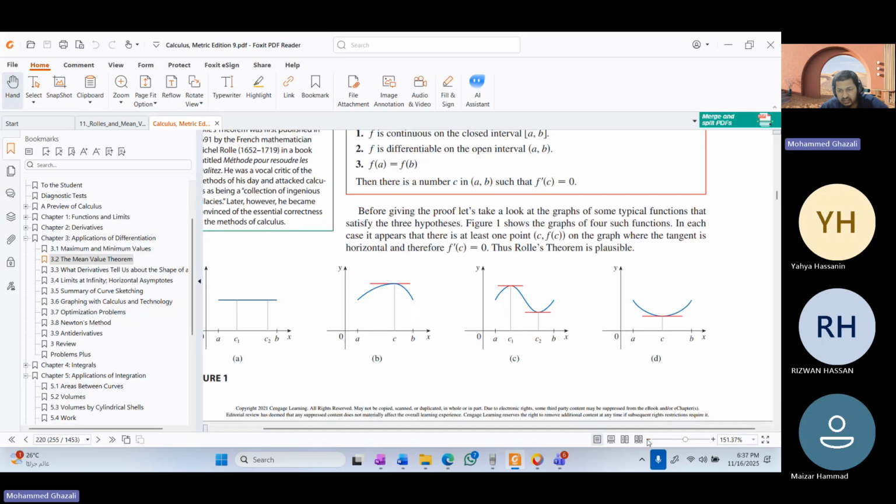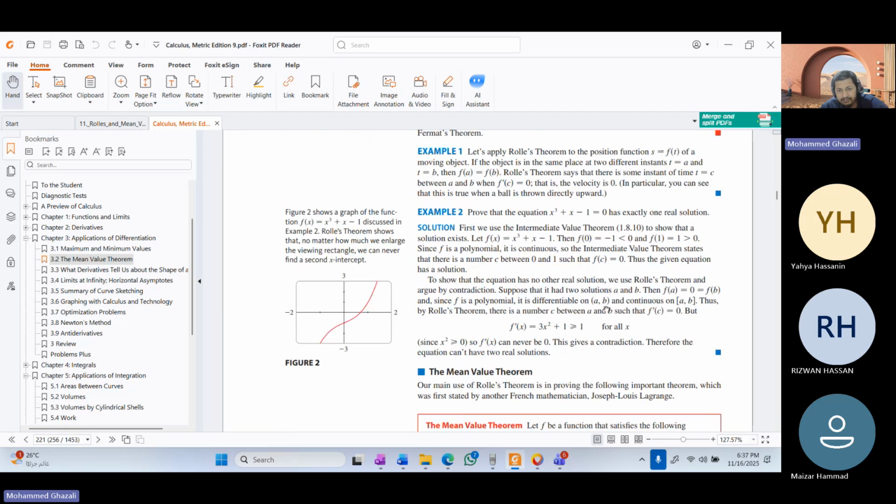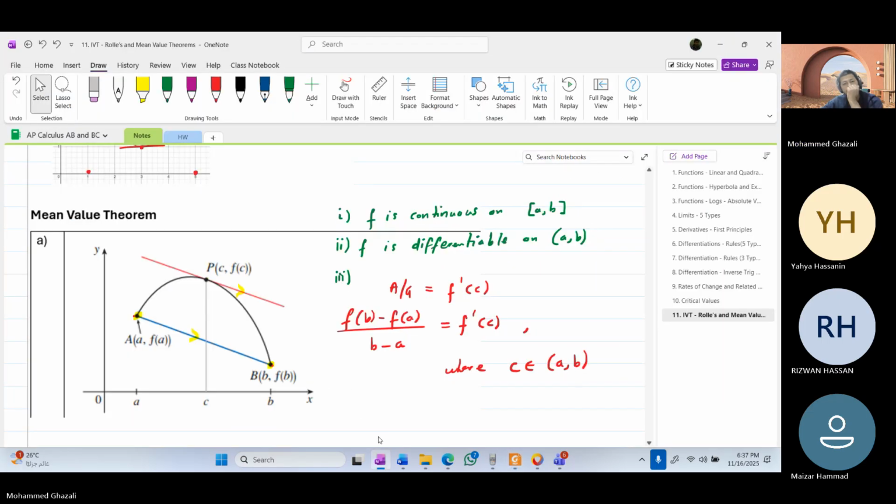So we're going to consult our textbook, which is the calculus. The mean value theorem is, then there is a number c in a, b, such that, or equivalently, we don't need to use the second equation. Let's just stick with the first one: f of b minus f of a over b minus a. That's it. Are we good, guys?